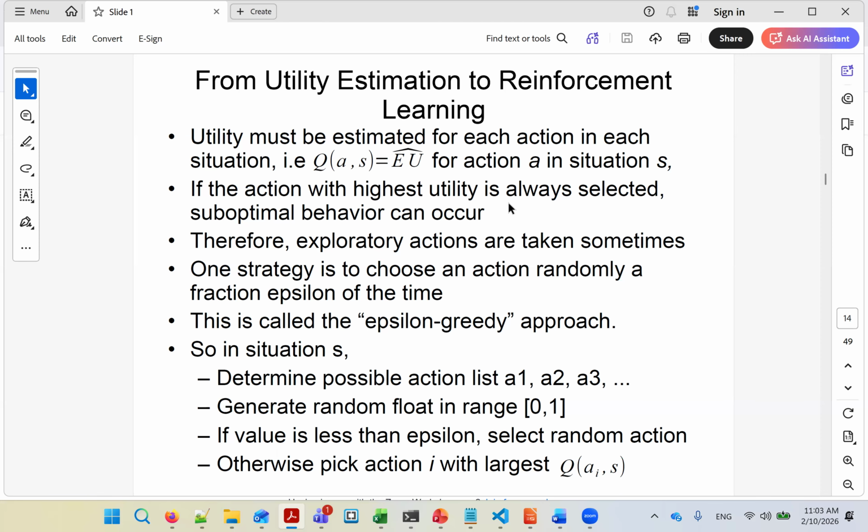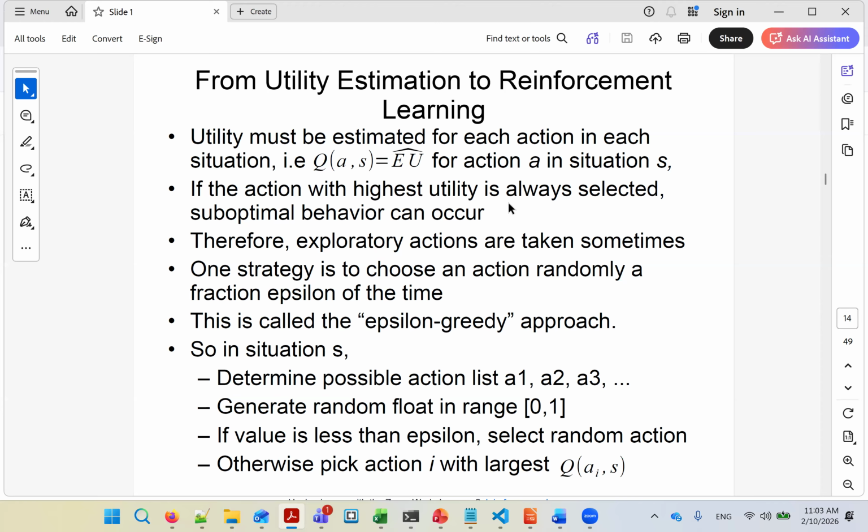One strategy, it's not the only one, but it's the easiest and it is commonly used, is to choose an action randomly. Again, we mean uniformly, a fraction epsilon of the time. You've already seen this name. This is called epsilon greedy. And so this becomes our algorithm. Here we are in a situation. This isn't n-arm bandit anymore. We could have a range of situations.